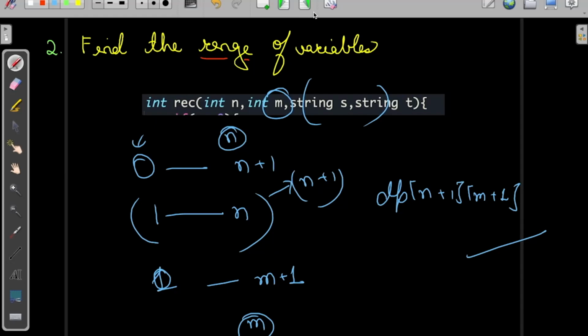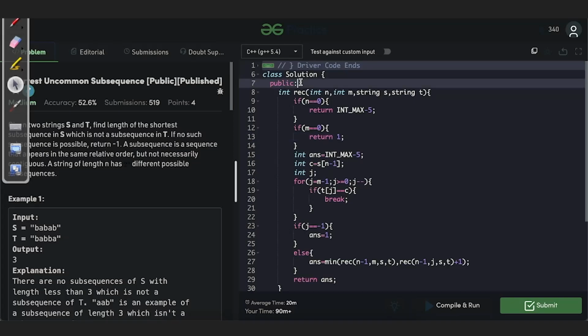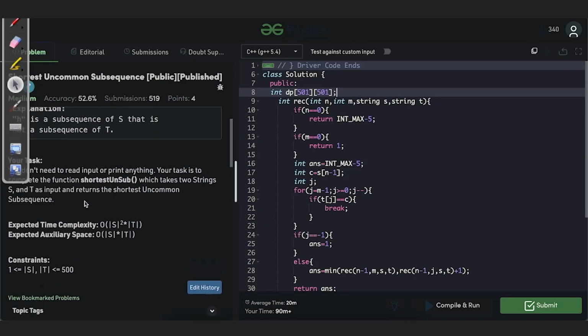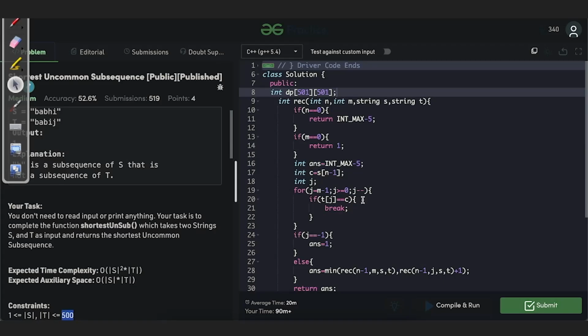We would initialize everything with minus 1, and if the value is minus 1, that means the value is not calculated. If the value is not minus 1, the value is calculated. So what we would do is declare an int dp array of 501 by 501, because the maximum value we can have is 500. Okay, so you don't need to pass the DP array again and again, but you can do that also.